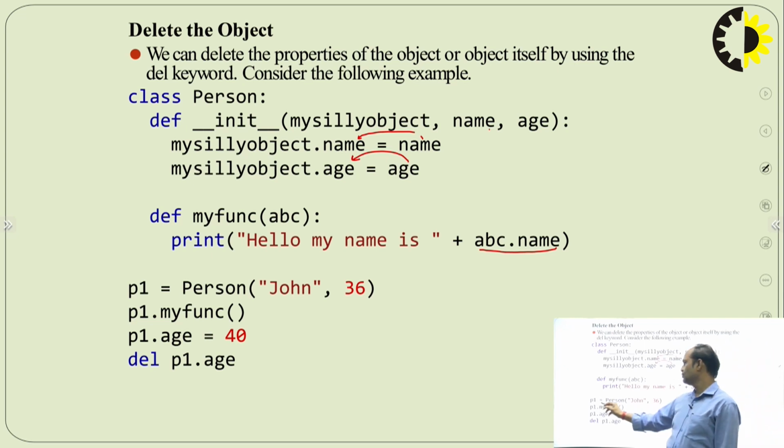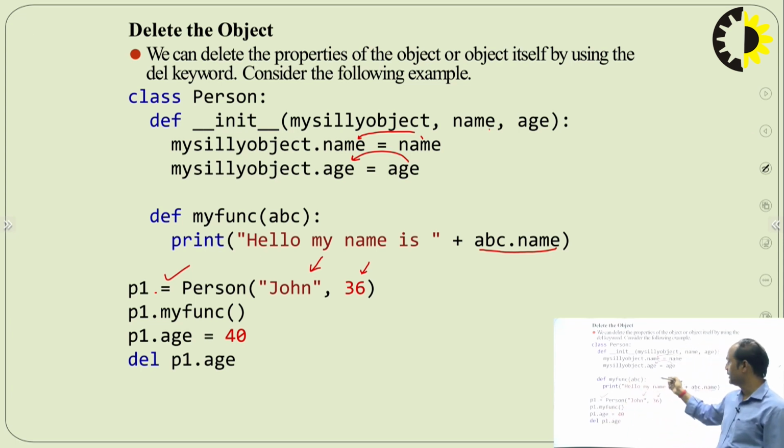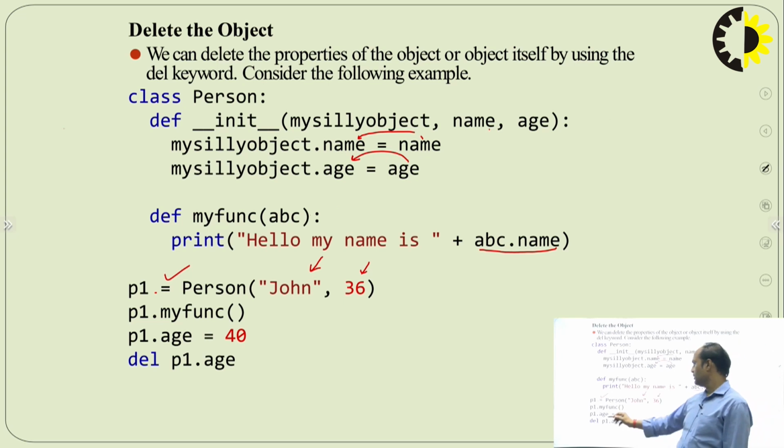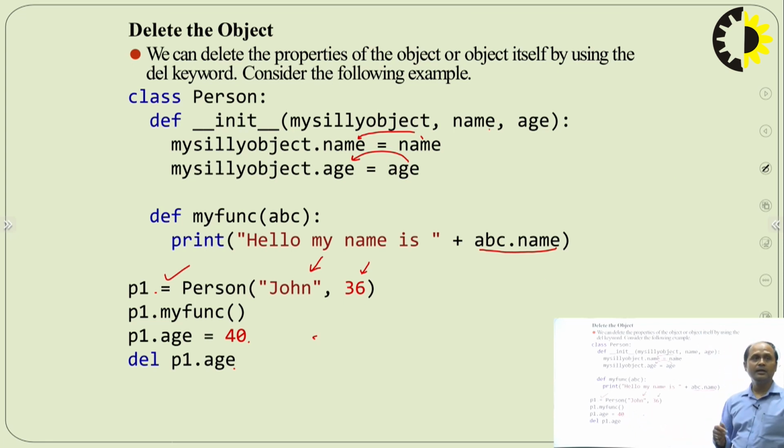So P1 is the object of that person class. We can create person, put the name John and 36 into that particular field, and we can also call the my function value. And P1.age is equal to 40. Then del P1.age. After printing the P1 age, we can destroy that particular object.